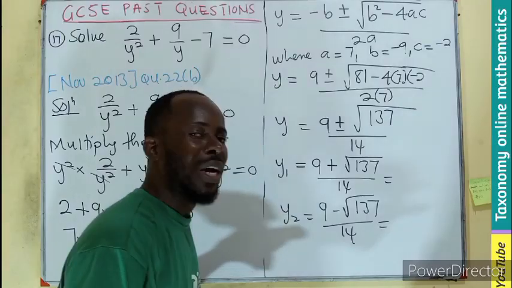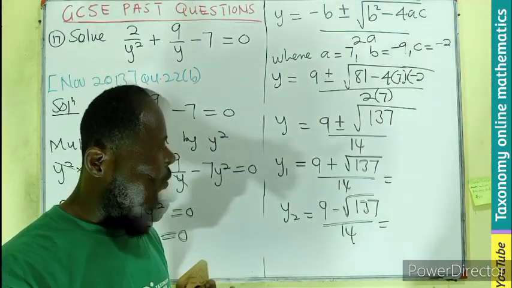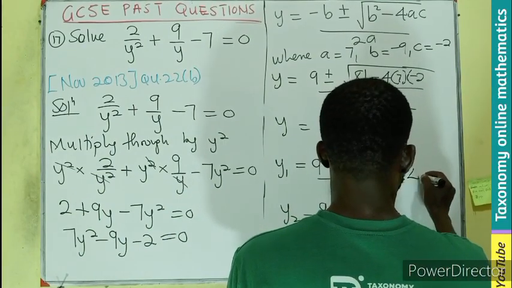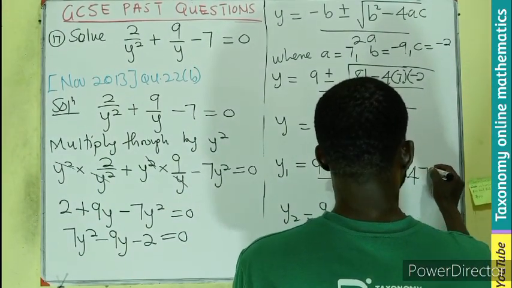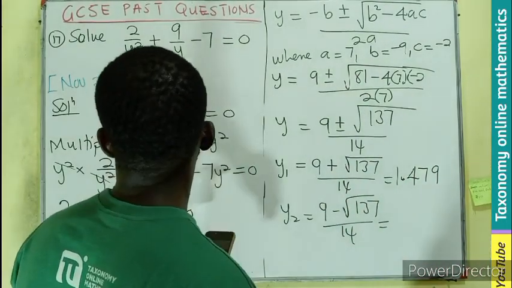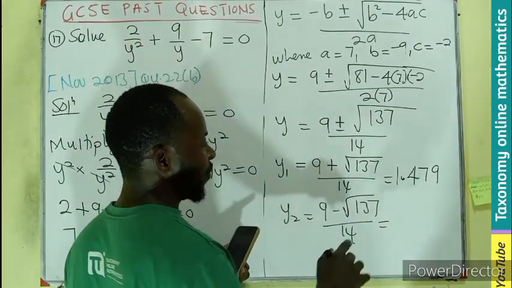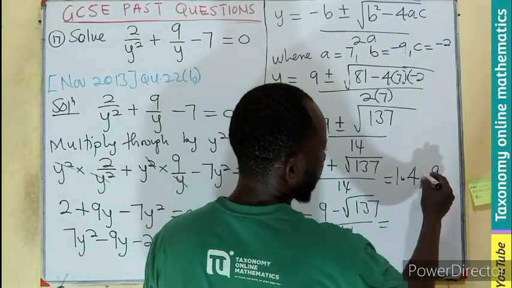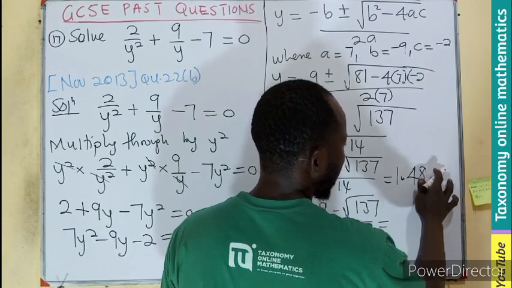Let's see what the two values will give us. So the first one here will be giving us 1.479. But the question asks us to leave it in 3 significant figures. So that will be 1.48.